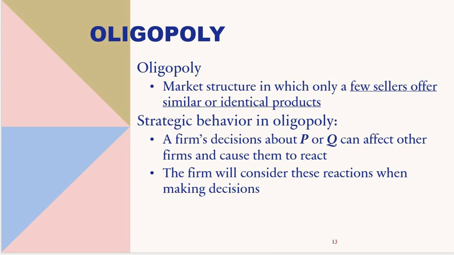The main features of an oligopolistic business are, first, it has only a few, very few sellers. And second, in an oligopolistic market, one firm's decision about its pricing or its output can actually affect other firms. So it's really important to take into account the actions your competitors would take.